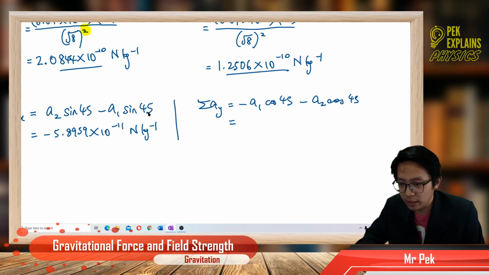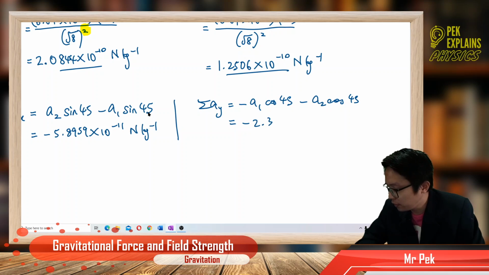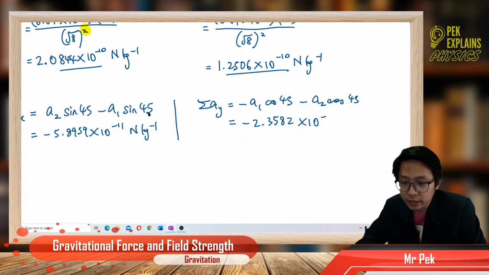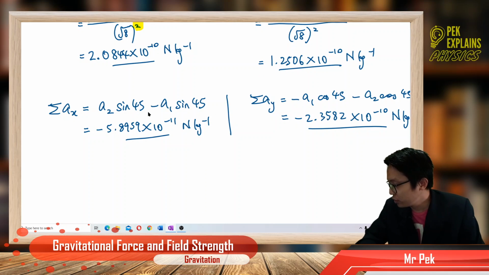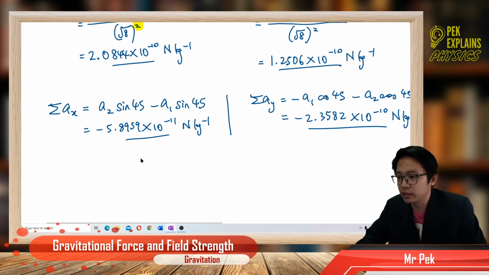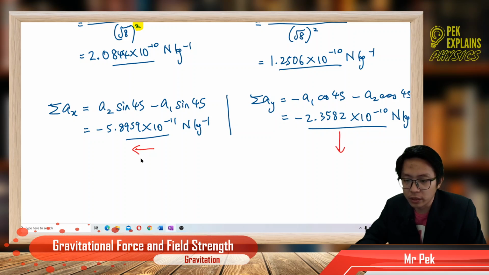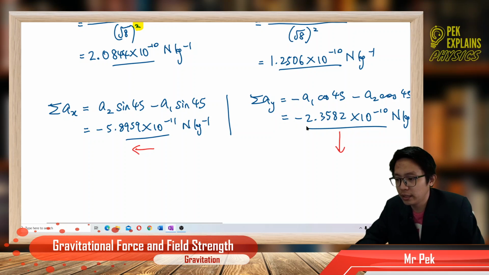And what do we get? We will get negative 2.3582 exponent negative 10 Newton per kilogram. Yes, that's Ax and Ay. So this one is going to the left and this one is going downward, because they are both negative.